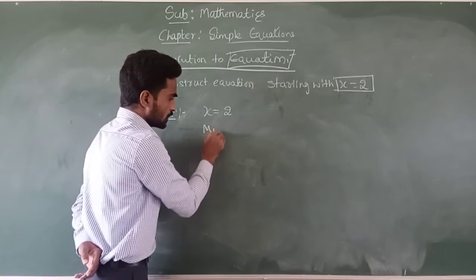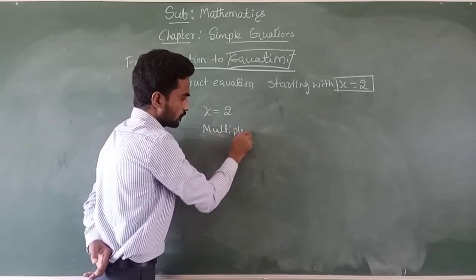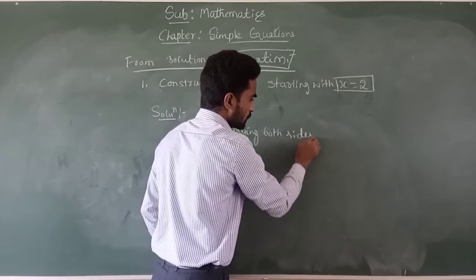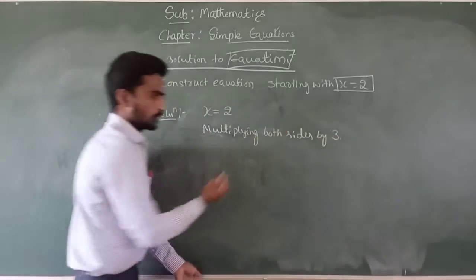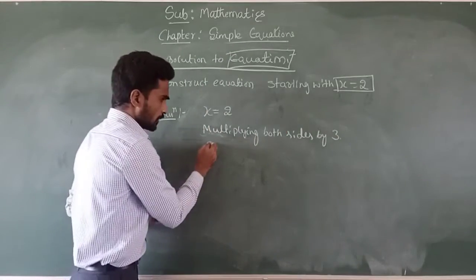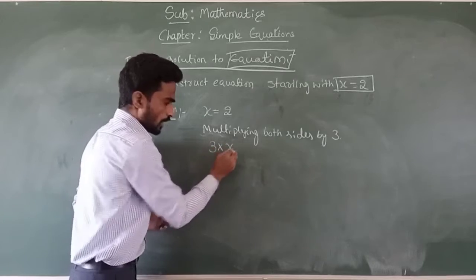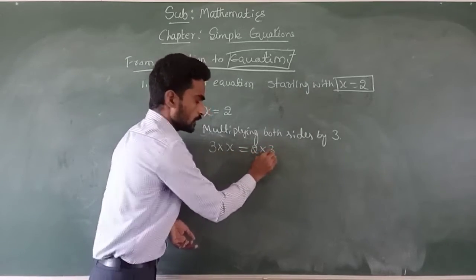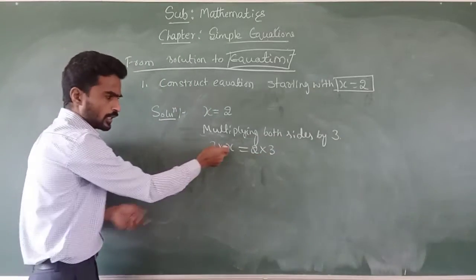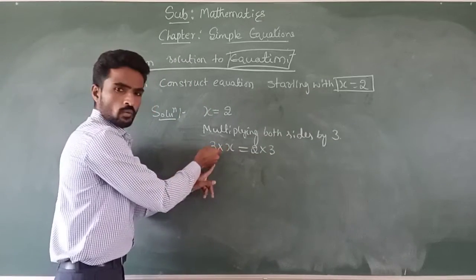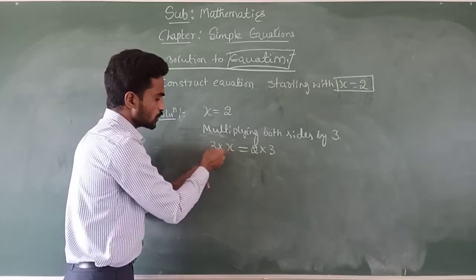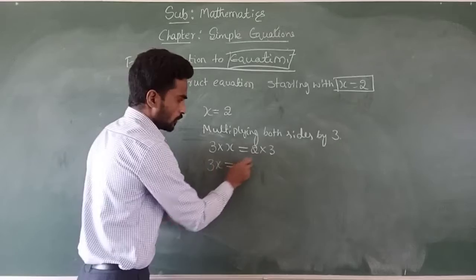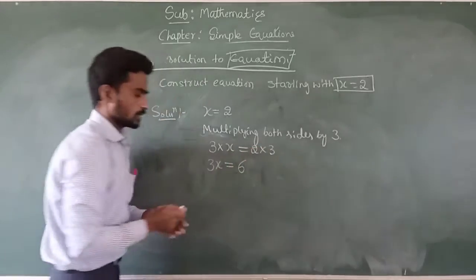Here I will write: multiply both sides by 3. We get 3 into x is equal to 2 into 3. Then 3 into x, one is variable, one is constant, multiplying these two terms we get 3x, that is equal to 3 twos are 6.